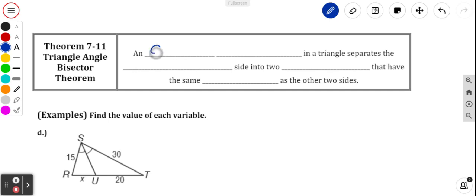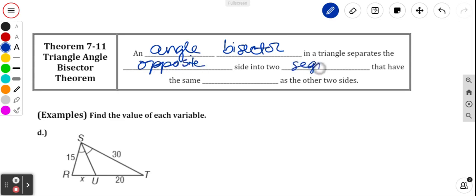An angle bisector in a triangle separates the opposite side into two segments that have the same ratio as the other two sides. So basically they're proportional. So there's 1, 2, 3, 4 pieces that are proportional.